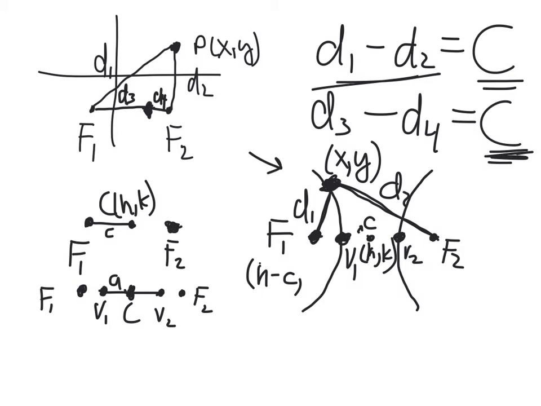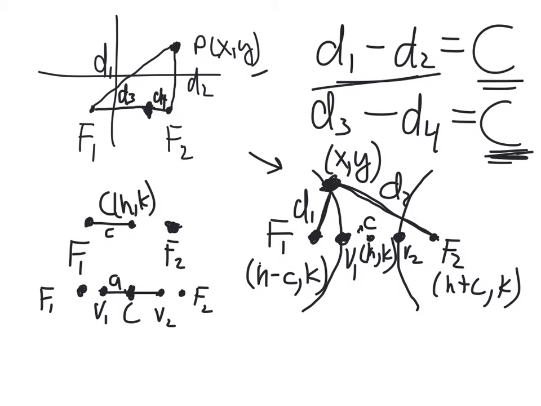Once again, with the horizontal major axis, the Y value remains K. The only thing that changes from focus to focus is the X value. F2 would be H plus C and K.